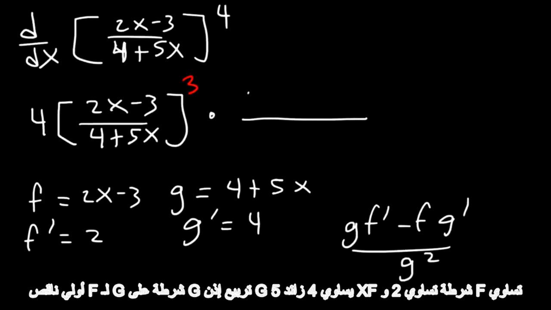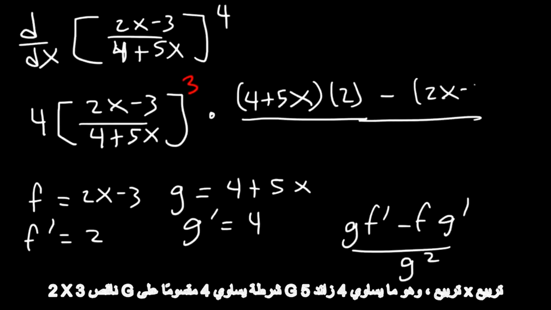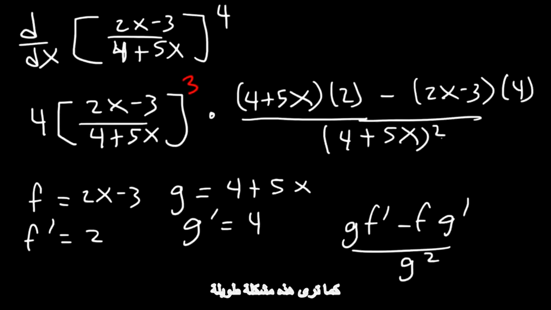So g is 4 plus 5x. F prime is 2. And f is 2x minus 3. G prime is 4, divided by g squared, which is 4 plus 5x squared. So as you can see, this is a long problem.